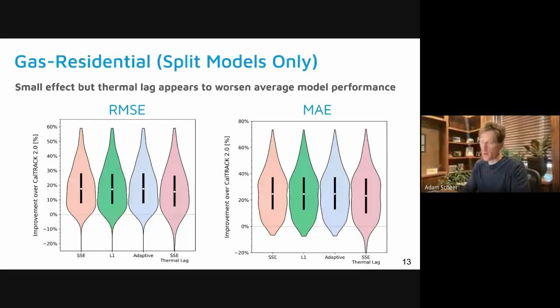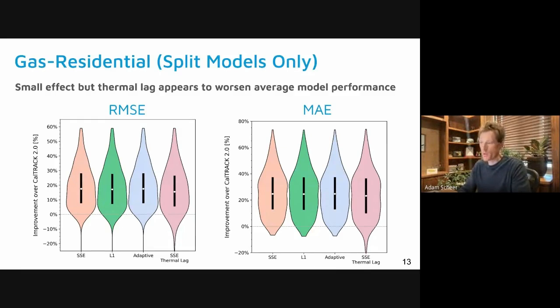At this point in time, I think we're leaning toward one of two options: either do a lot more research into thermal lag, or leave thermal lag by the wayside for the moment and come back to it in potentially CalTrack 3.0 or further R&D, or if other people want to pick up that baton and really propose an approach around thermal lag.